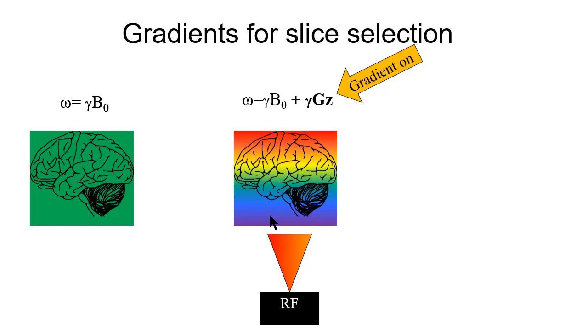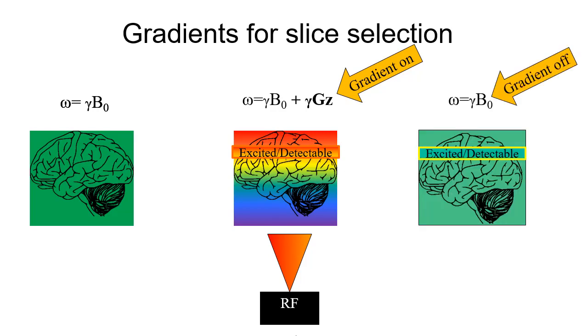So now if we send in some monochromatic RF, which is essentially what a shaped pulse is, we're going to only excite those spins that are on resonance with the light that we're sending in. So we're only going to excite spins in that plane. So now if we later go ahead and turn the gradient off, everything is back on resonance, back at the Larmor frequency, but the only spins in the plane and that are detectable are these in this plane of our object or brain.